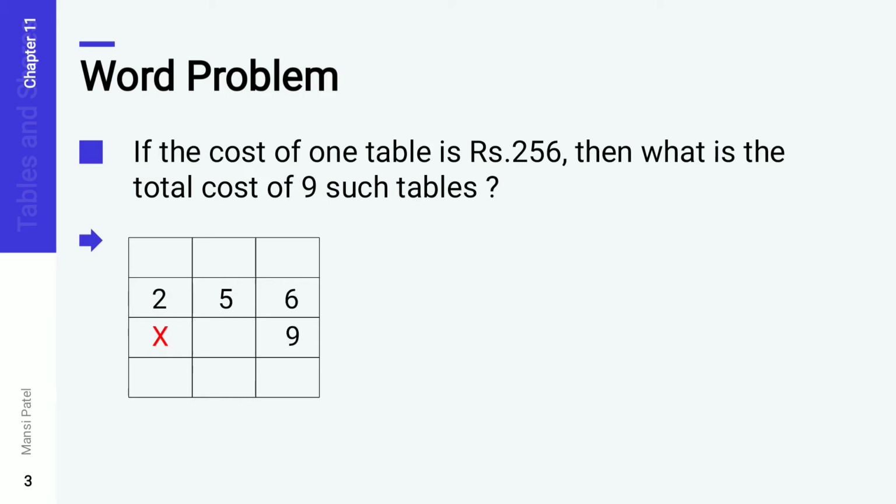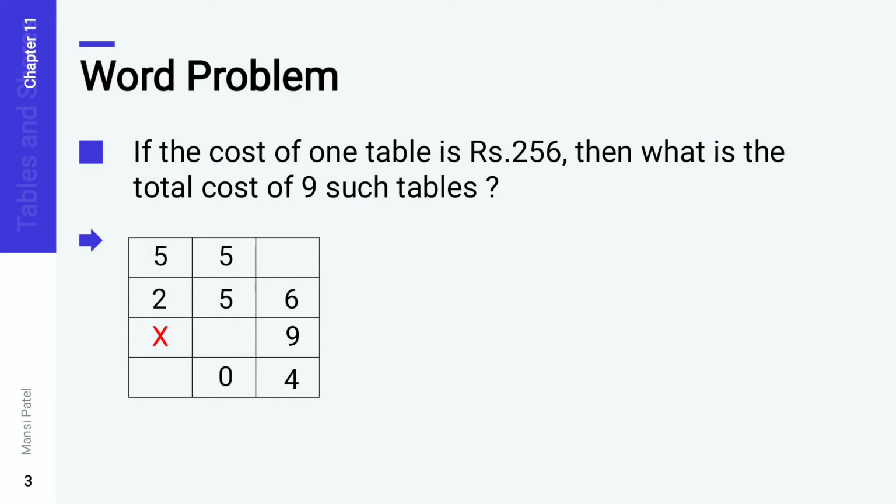Now do the multiplication of 9 and 6. 9 sixes are 54. 4 we write down here and 5 on the carry. Then 9 fives are 45, 45 plus 5 is 50. So here again we put 0 and 5 on the carry.